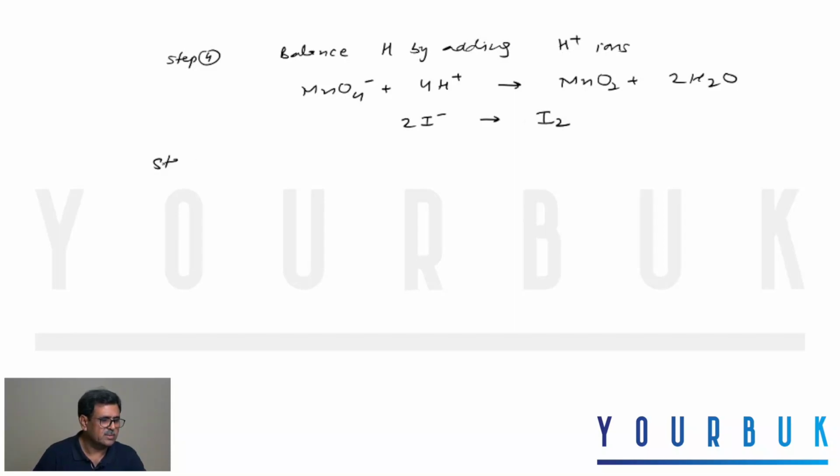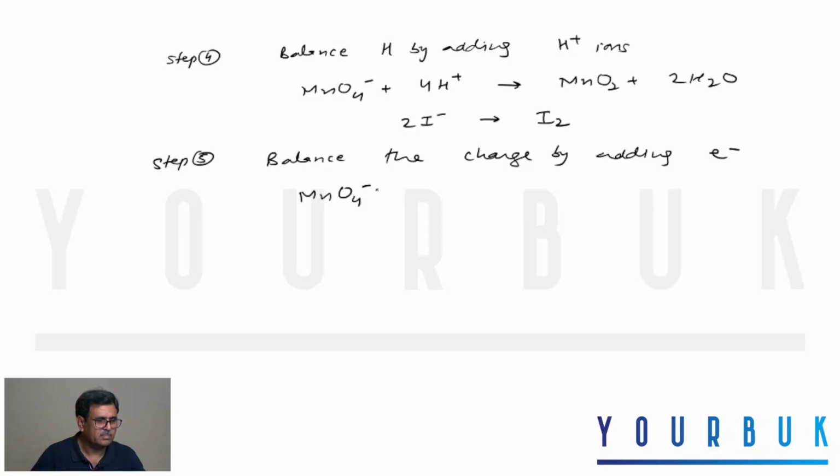Now step 5 is balance the charge by adding electrons. So in the first equation, we write 3 electrons on the left hand side to balance the charge.